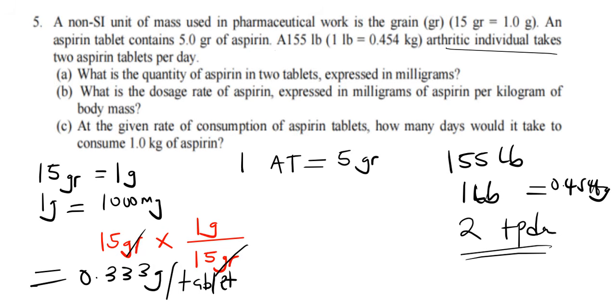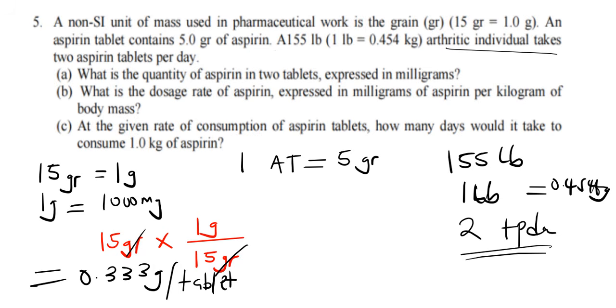Okay. Now we're supposed to convert these grams that we have per tablet to milligrams, because they want our answer in milligrams. So what we now have is again the conversion unit. 1 gram is equal to, so we've got this same answer that we have.